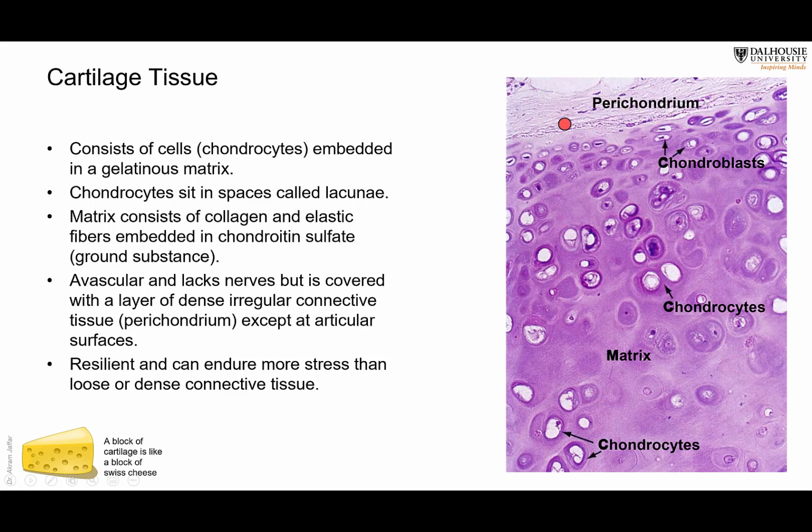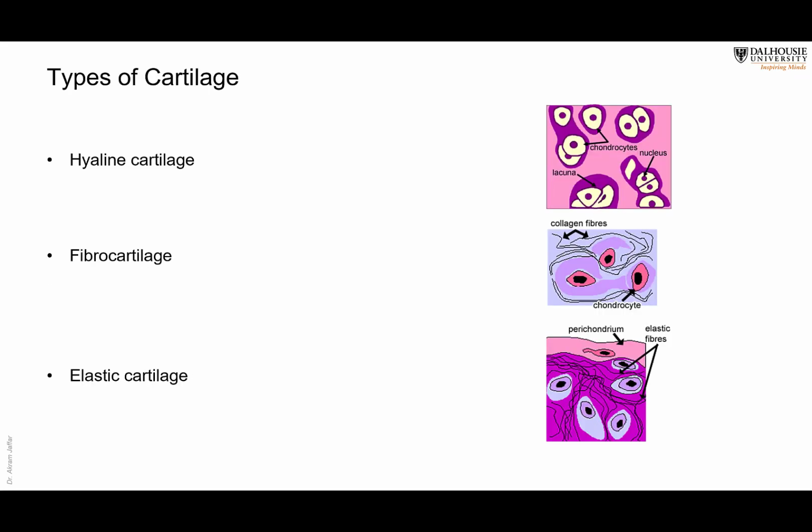So this perichondrium covers the cartilage, not all the cartilages. For example, articular cartilages at the site of articulation are not covered by the perichondrium. So according to this structure, the cartilage is resilient and can endure more stress than the loose or dense connective tissue.